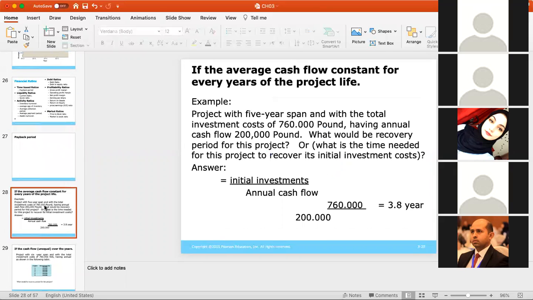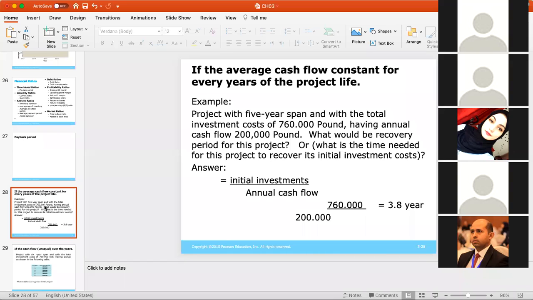So how can we calculate the payback period? First of all, we have two ways to calculate it. If we have constant annual cash flows, then we can divide the initial investment, which is the capital that we already invested in the company, over the annual cash flow.